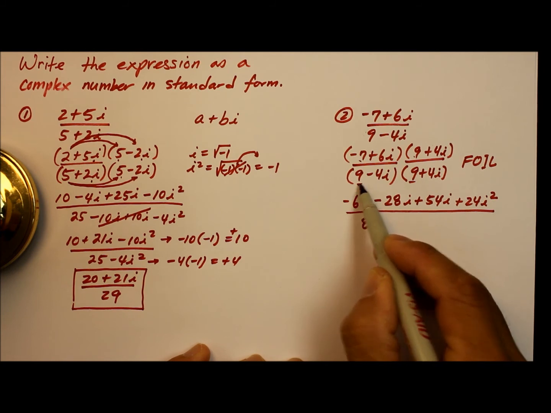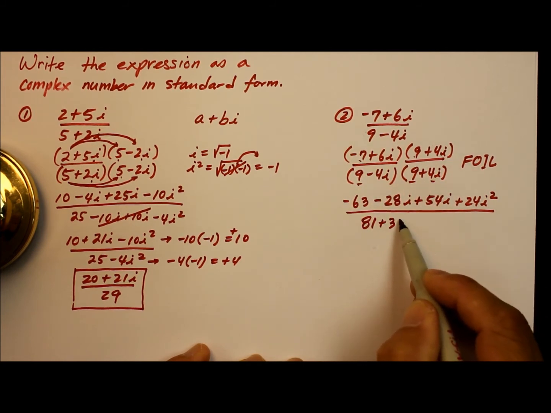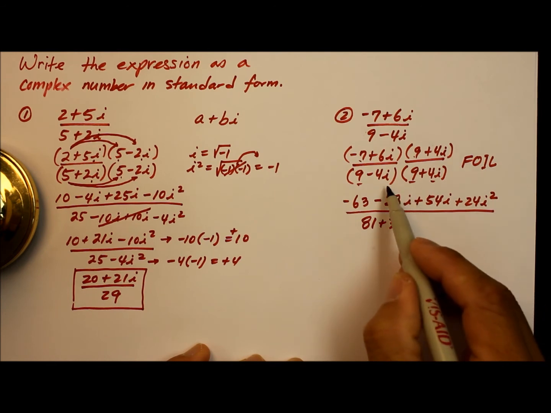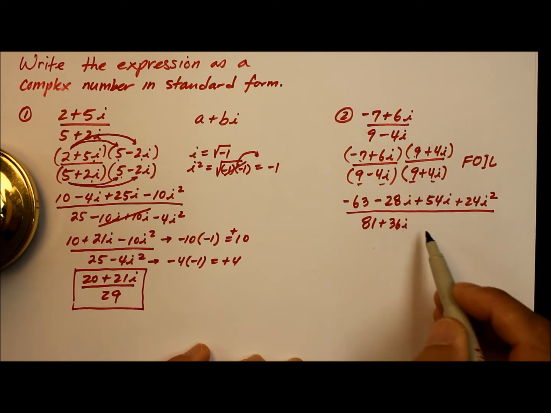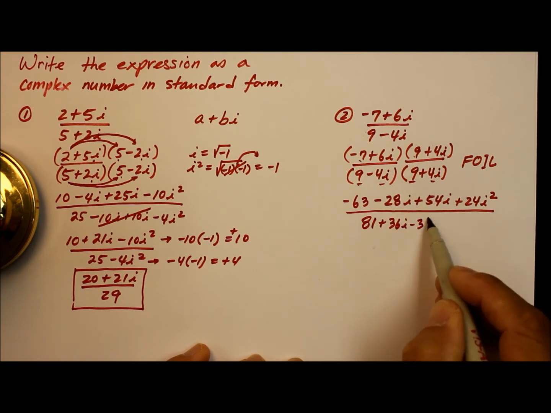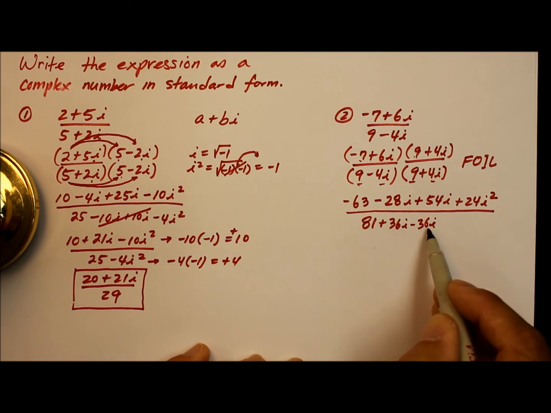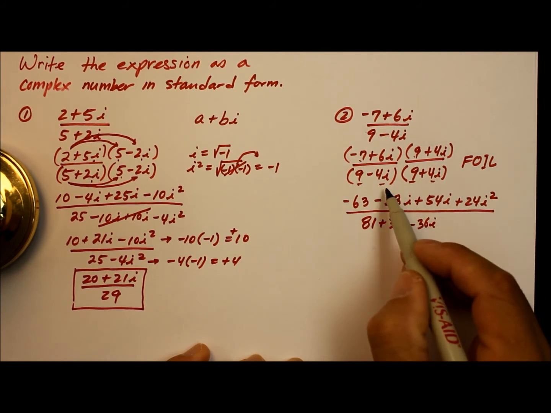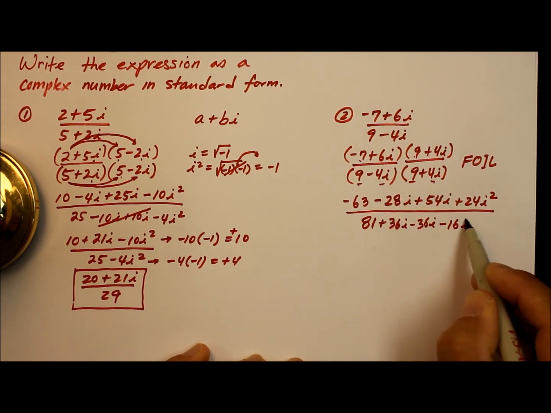Now the outside terms, 9 and 4i positive gives you positive 36i. Here, of course, the inside terms, negative 4i and positive 9 gives you negative 36i. Remember, the conjugate always gives you two middle terms that will cancel out each other. And finally, the last terms, negative 4i and positive 4i, gives you negative 16i squared.